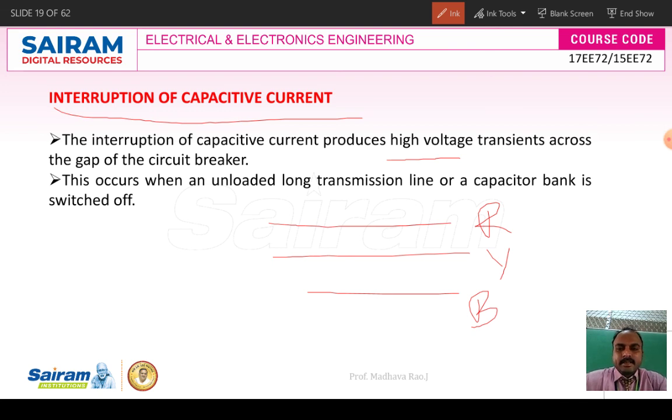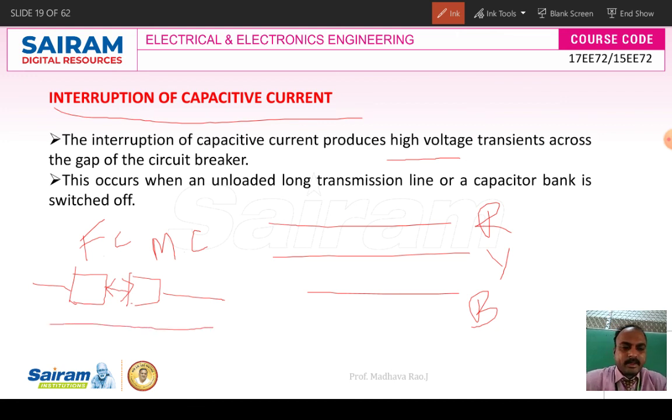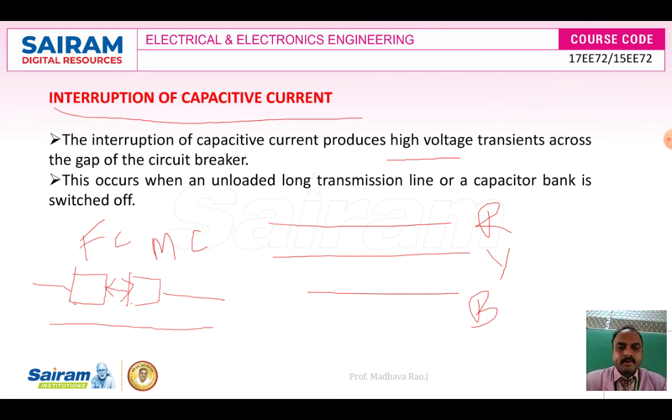Interruption of capacitive current produces a high voltage transient across the gap of the circuit breaker, between the fixed contact and the moving contact. When this high voltage transient occurs, capacitive current interruption appears. This is one of the important concepts in module 4.